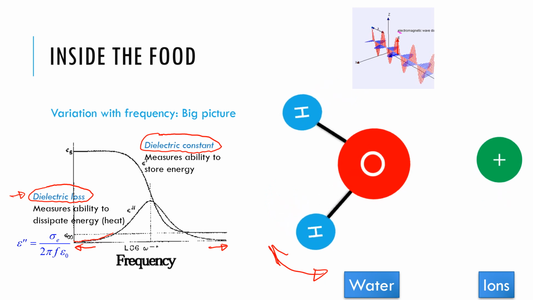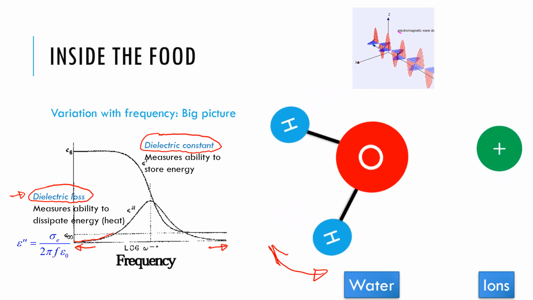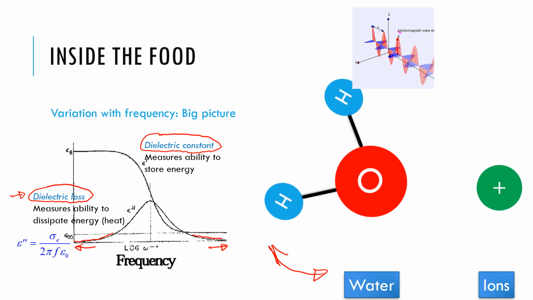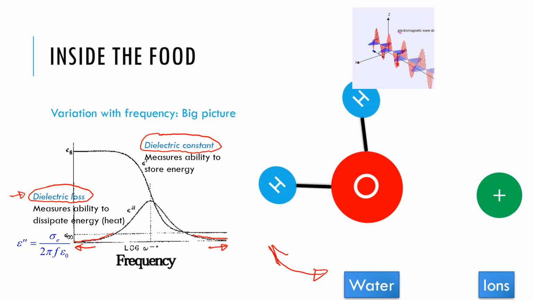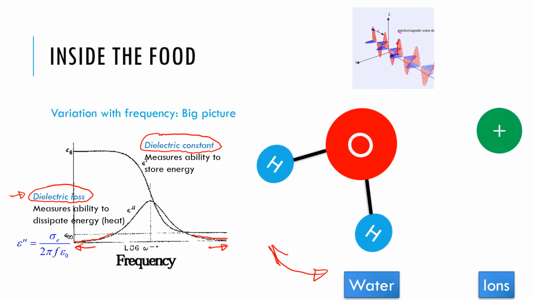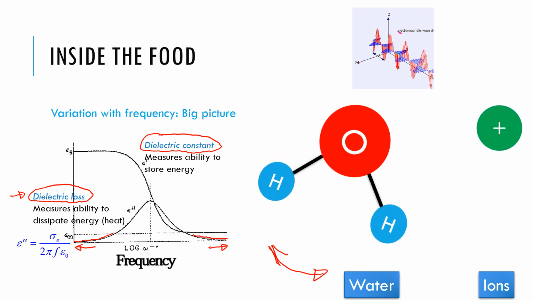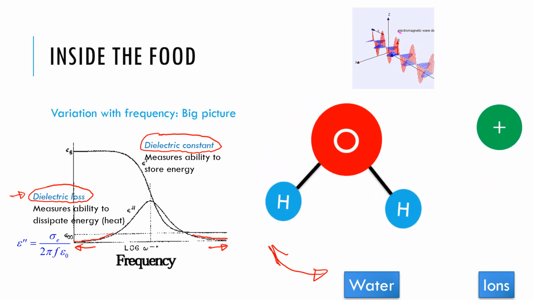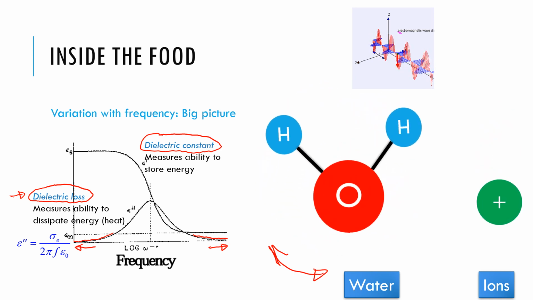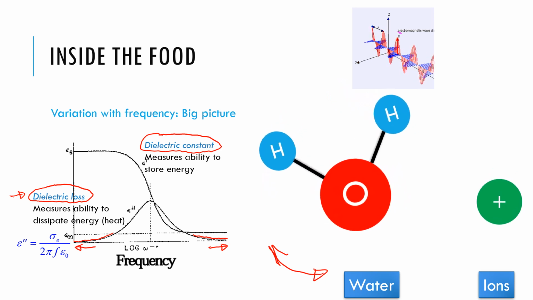So again, the dielectric loss, or the property that measures the heat dissipation, changing of electromagnetic energy to thermal energy, is going to be small because the molecule is not even able to really follow the field and thereby generate the heat.